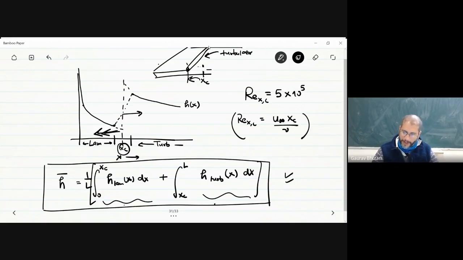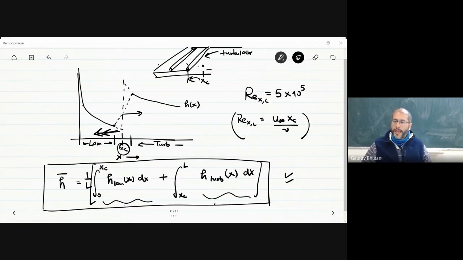Okay, so this is a common idea that is done to enhance the rate of heat transfer from a surface by adding these trip wires, which are also called turbulators. Okay, so this is an idea that we must understand because this is carried out very commonly in the industry.